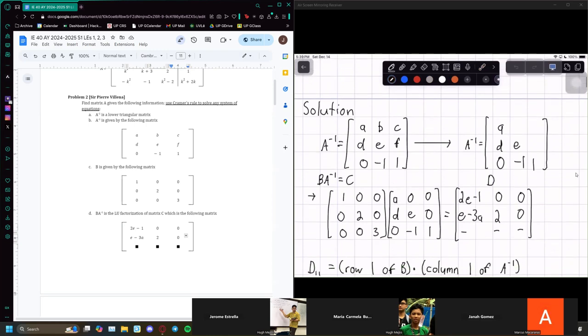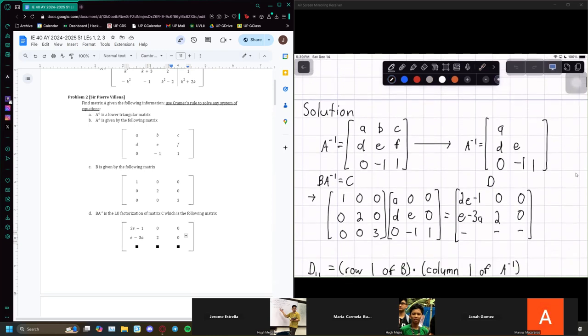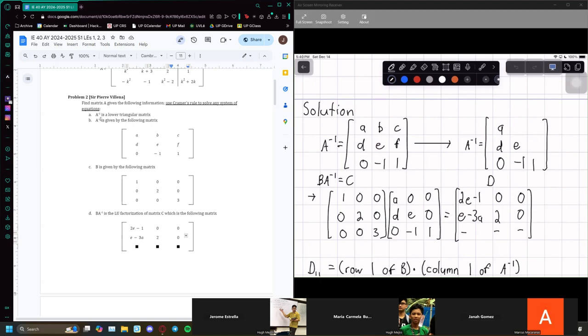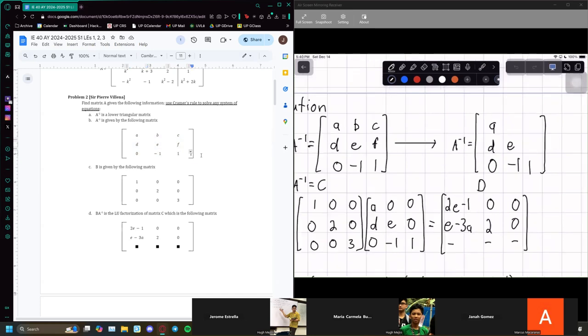So to start off with the solution, the fun thing about problem 2 and problem 3 of LE1 is that it's very much deduction. It's like solving a mystery. The first clue we can use immediately is that the inverse of A is a lower triangular matrix, and they give us the following matrix, which shows the inverse of A with some unknowns.